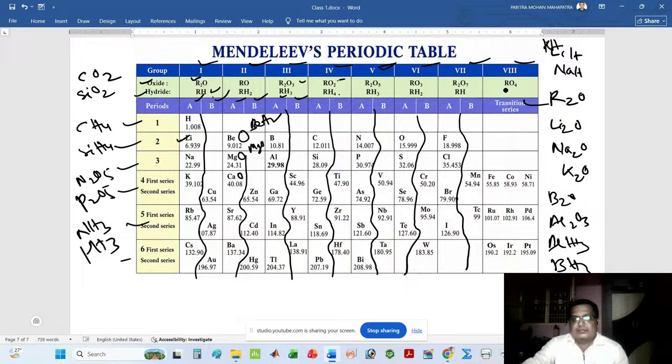You will find a good relationship. By knowing the oxide of one element, you can think about the oxide of another element. What may be the formula of the oxides? The first series, that is the second series, you can have potassium, calcium, scandium, titanium, vanadium, chromium, manganese. This is already found in the modern periodic table also. When you see the modern periodic table, there is a similarity. You will find there is a similarity.